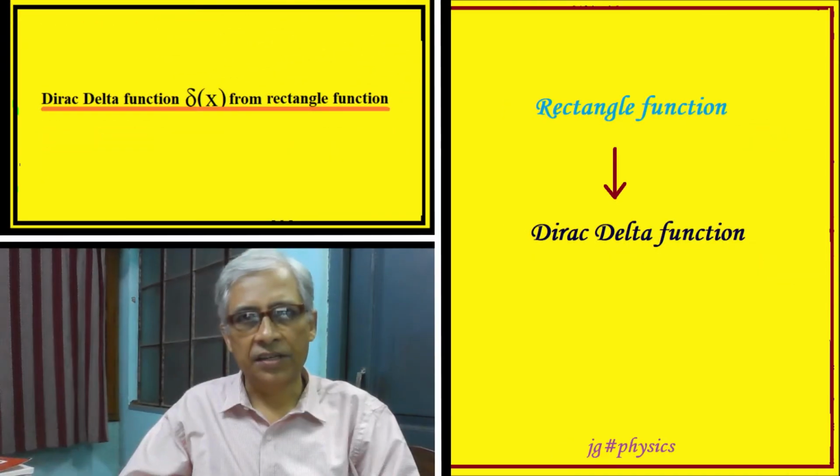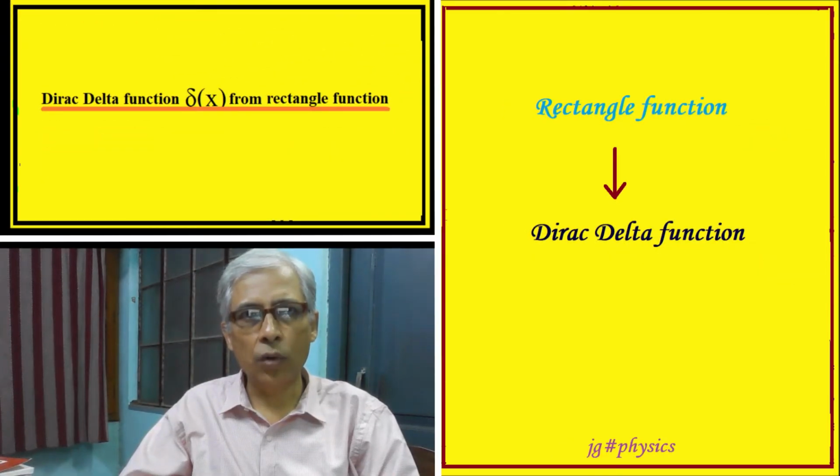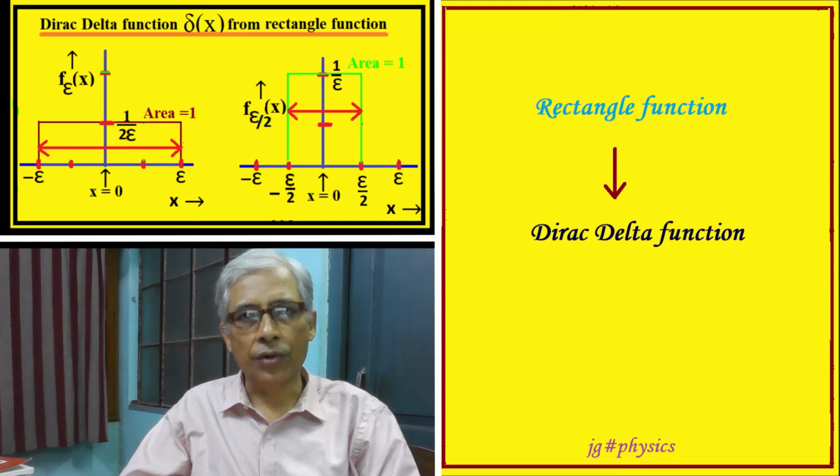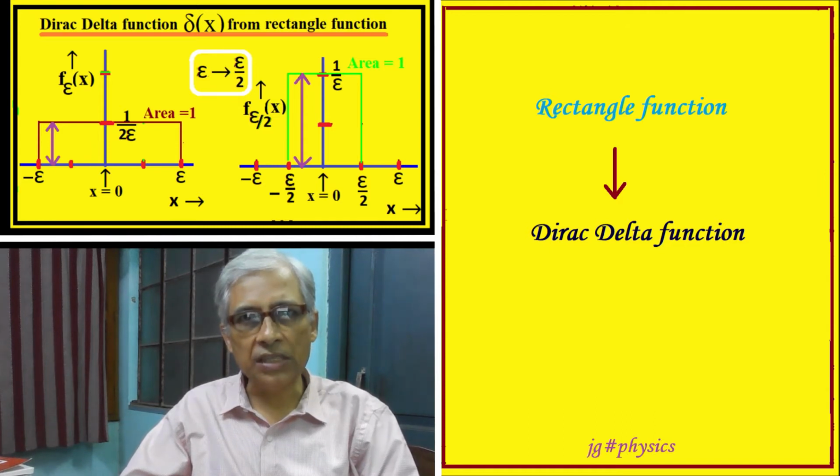The left slide shows the summary of what we did till now in our effort to reach the origin x equal to 0 by reducing the width from epsilon to epsilon by 2 shown in the white box. The height increases automatically since we have promised not to change the area and hold it at unity.